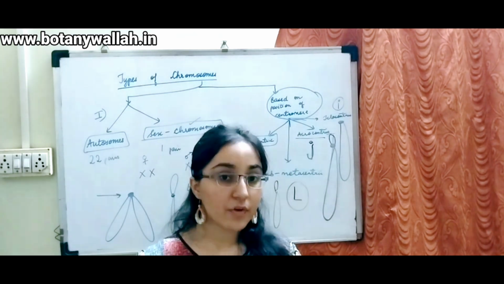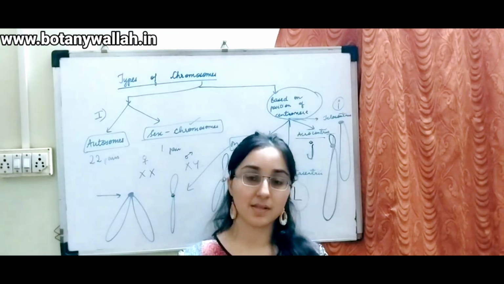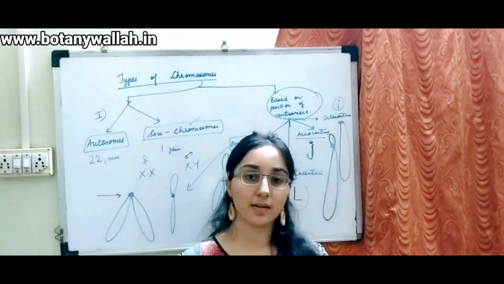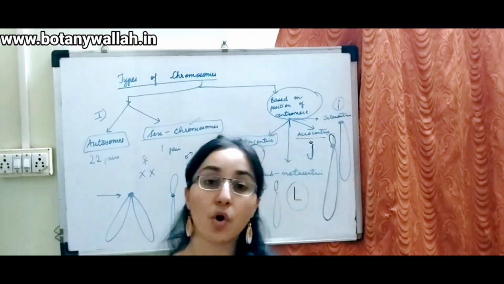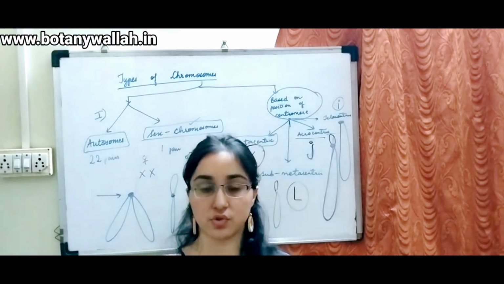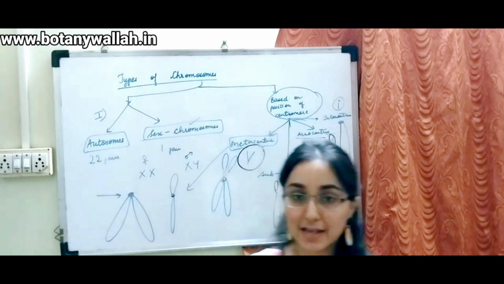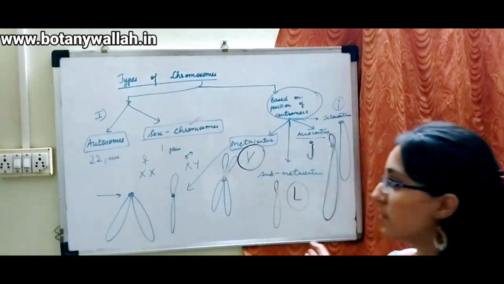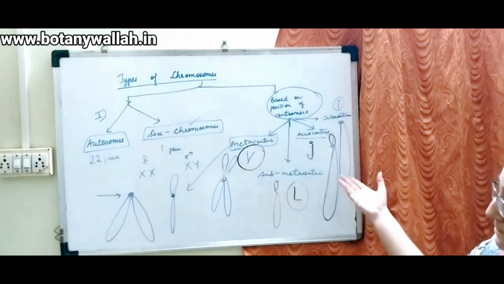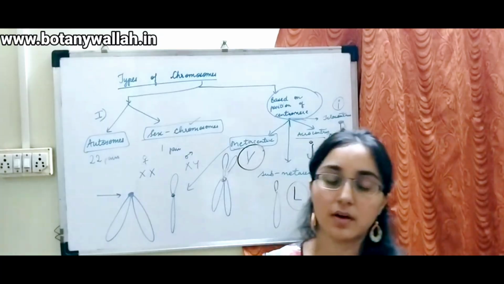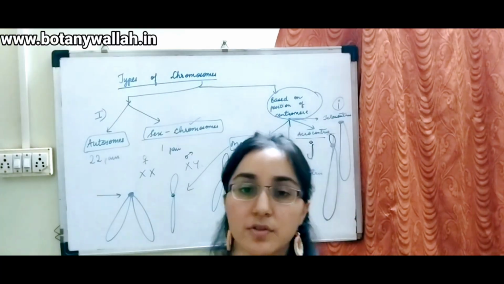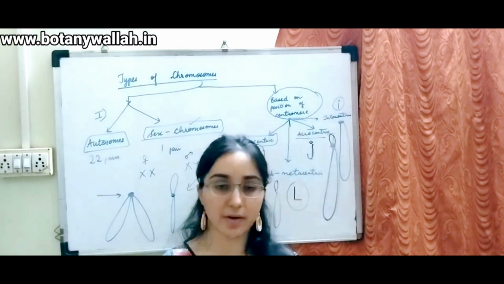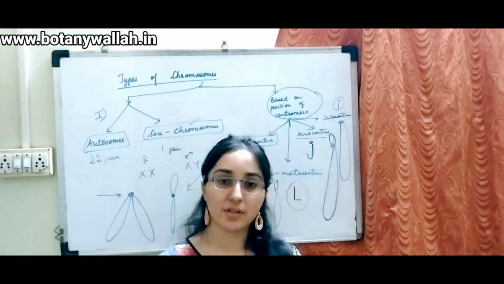Fourth, we spoke about the types: what a sister chromatid is, what a non-sister chromatid is, what a homologous and non-homologous chromosome is, what crossing over is, and lastly we discussed the types of chromosome, autosome and sex chromosome, and based on the position where the centromere is located.